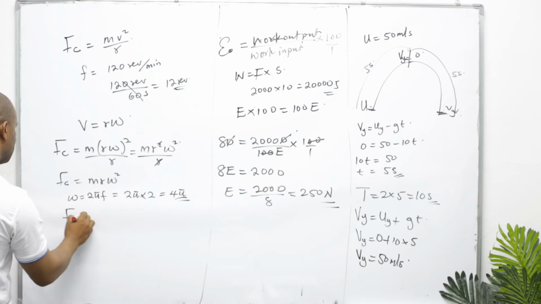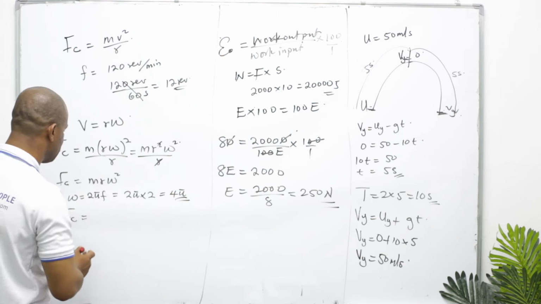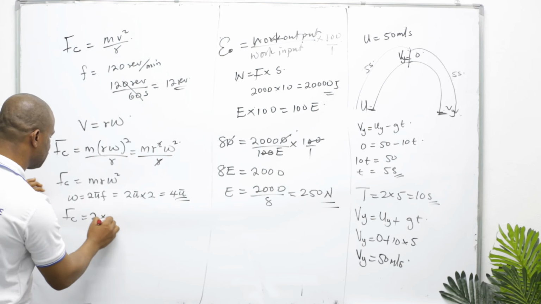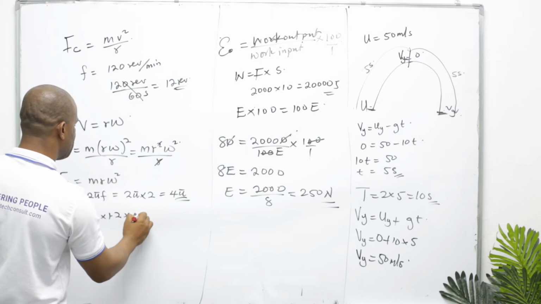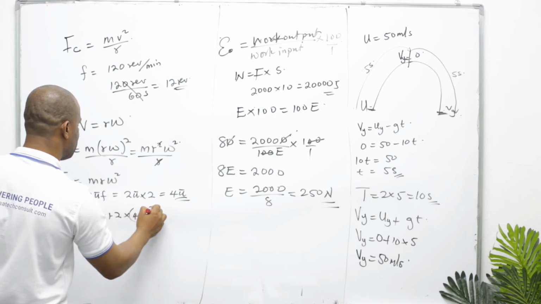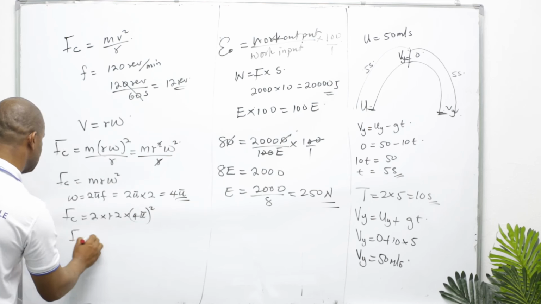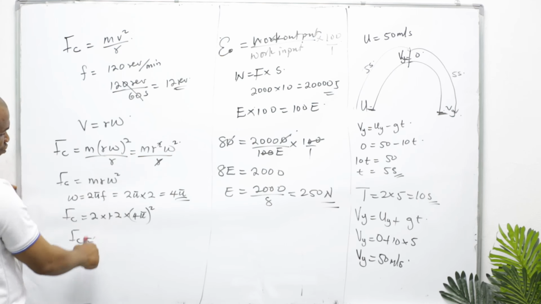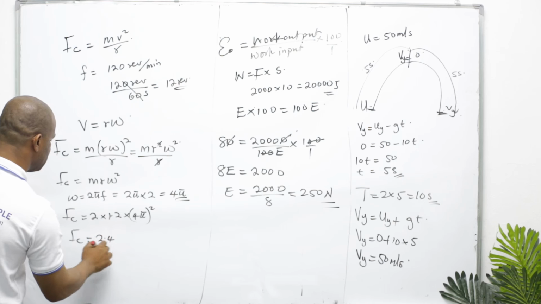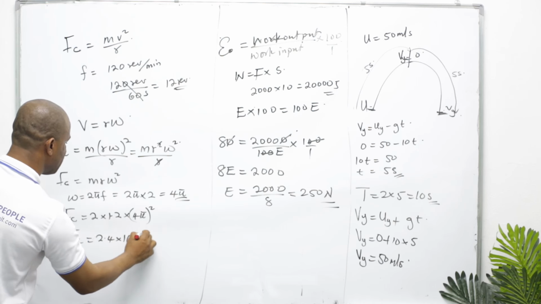Now, the centripetal force, which I'm looking for, which is the tension force, is going to be m, which is 2, times r, which is 1.2, times 4 pi all squared. Fc is going to be 2 times 1.2, which is 2.4, times 16 pi squared.